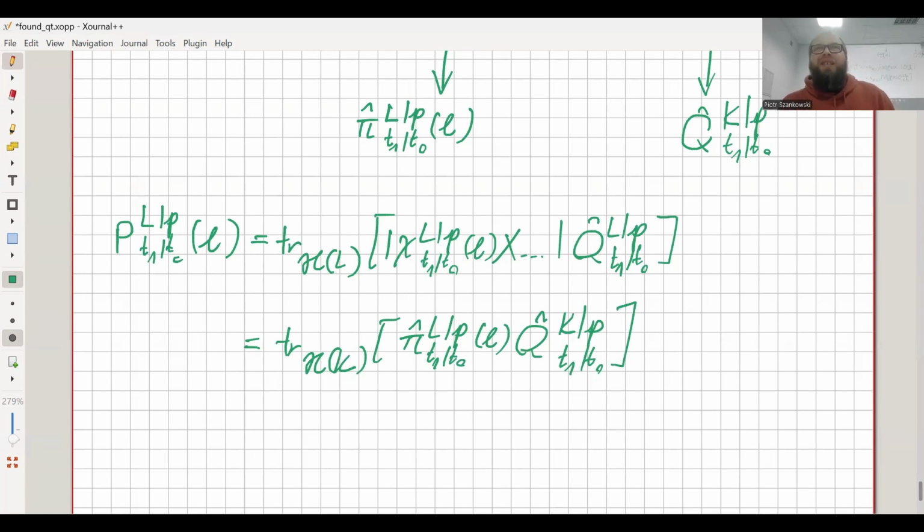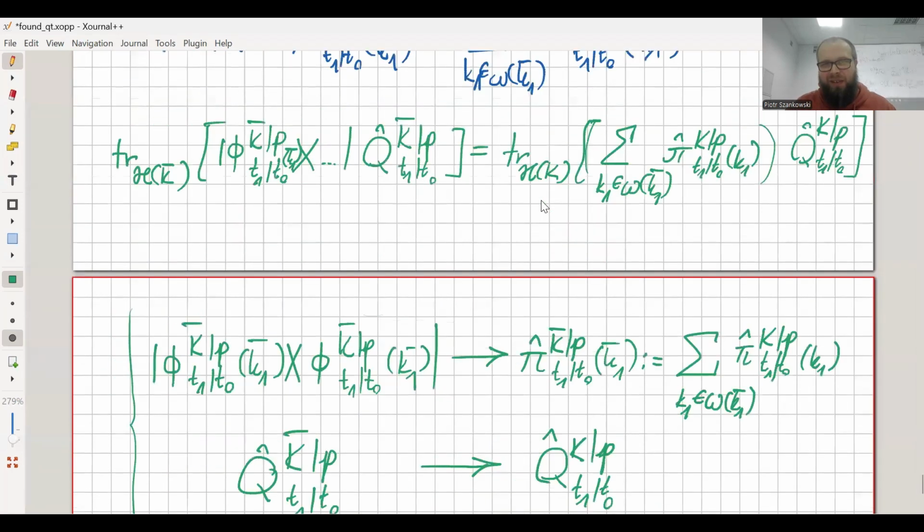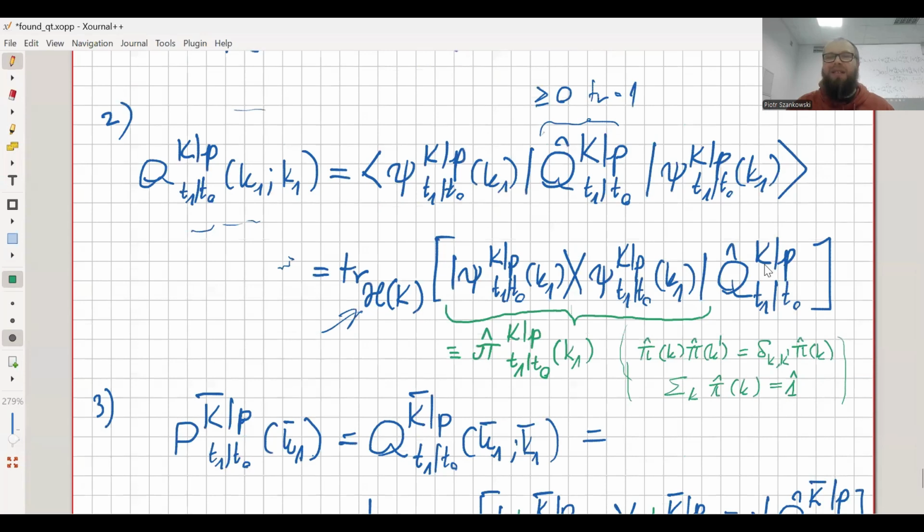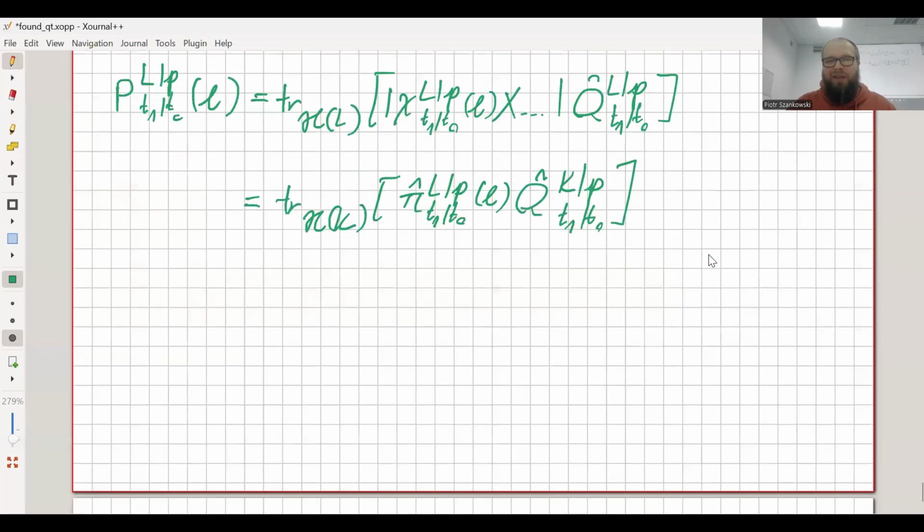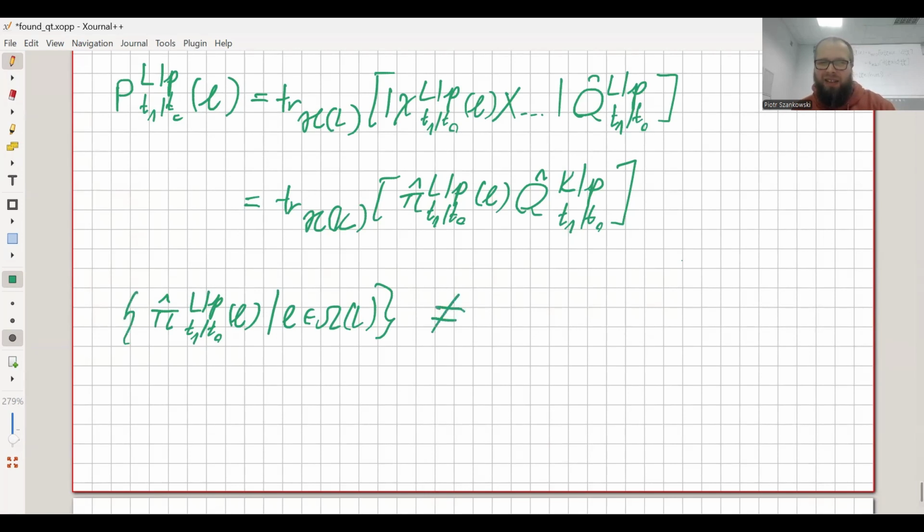But if this is our constraint and we want it to be satisfied, then it implies something for us, right? Since the metric is the same as it was in the case of K, the same metric, the same Hilbert space, taking the trace, this means that the projectors pi L, where L spans the spectrum of observable L, cannot be the same as the original set of pi K's.